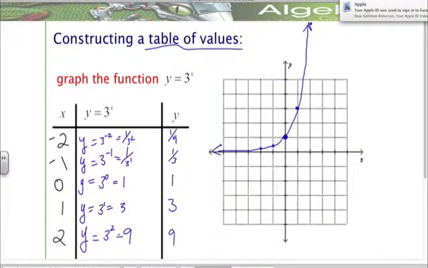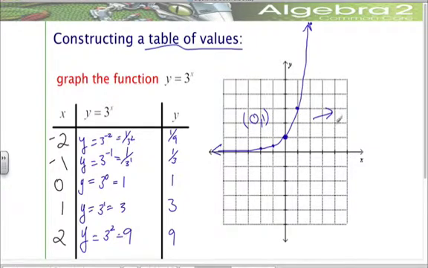Let's revisit the previous function that we did, y equals 3 to the x. What this means is I'm going to start at my initial value of (0, 1). As I go to the right, I'm going to multiply by this base, by 3. So I'm getting bigger because it's growth. As I go to the left, I'm going to divide by 3, which is the same, by the way, as multiplying by 1/3.